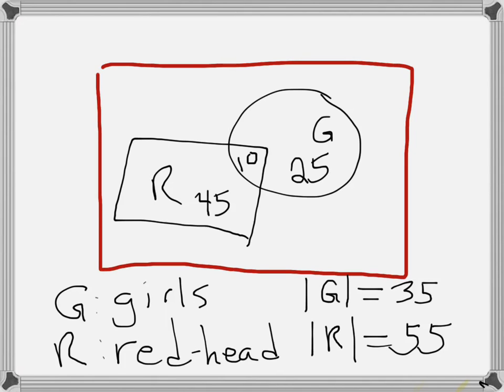And this lovely section in the middle, that is the group R and G with the upside down U. And that has the size of 10.